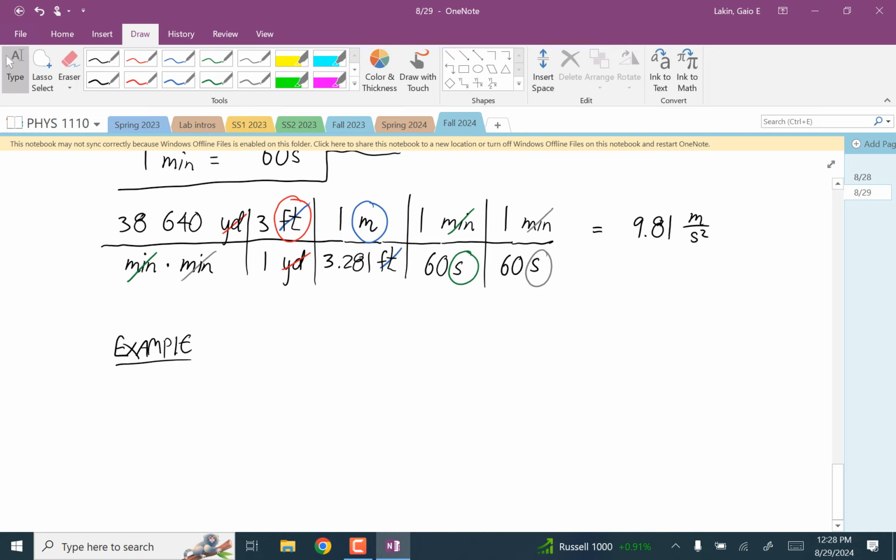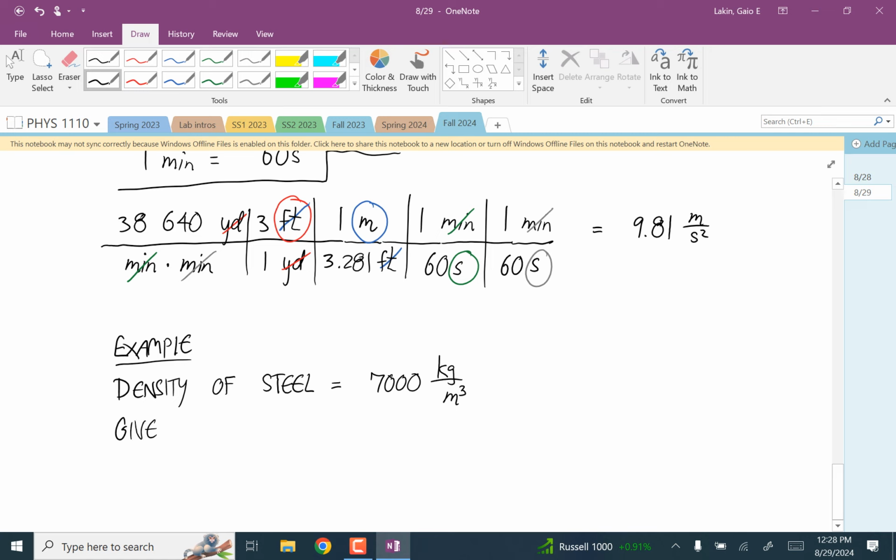Okay, so the density of steel is about 7,000 kilograms per meter cubed.